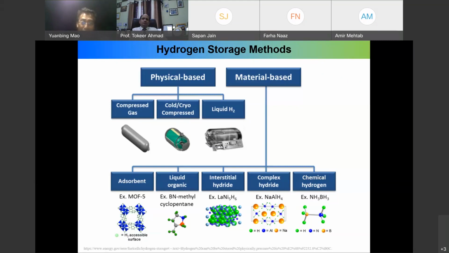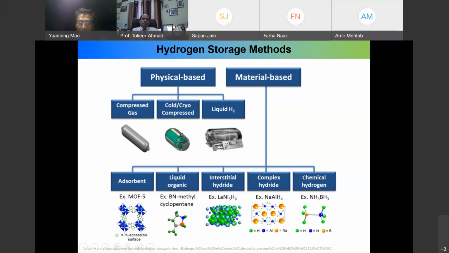So we will get into these different processes. There are different strategies, right? There are the adsorbents. You probably heard about the MOFs, the metal-organic frameworks, and then the liquid organic carriers. And then interstitial hydrides.